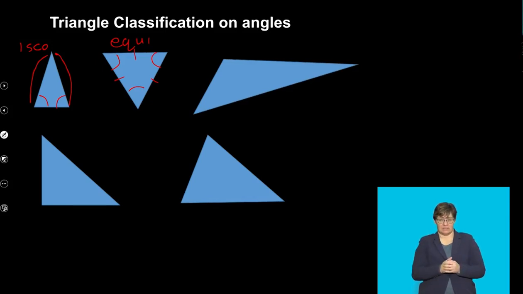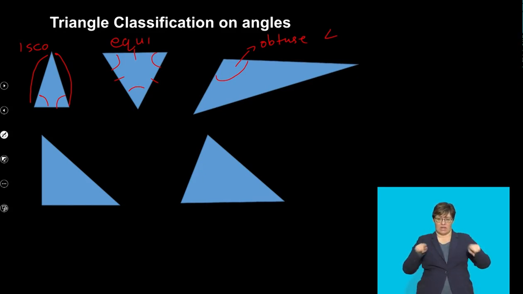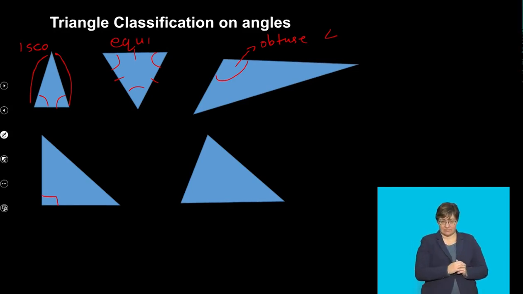Now here you can see that I at least have one obtuse angle. This here is an obtuse angle in this particular triangle. So as a result, I will call this an obtuse angled triangle. With this one, although it's not shown, I'm just showing you how we would see that it is 90 degrees. It will be with that nice square of ours there, although mine looks like a rectangle.